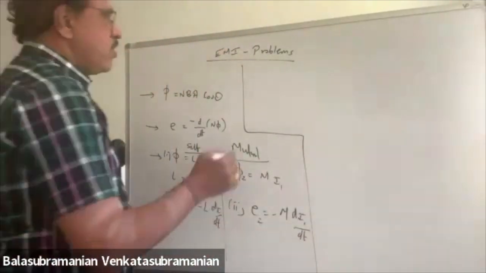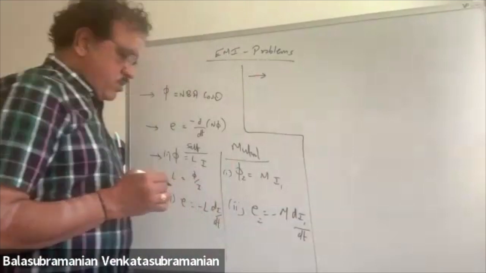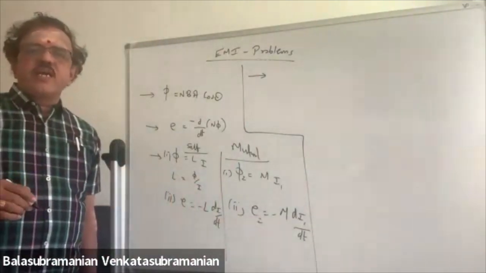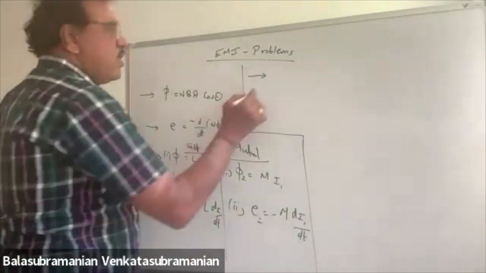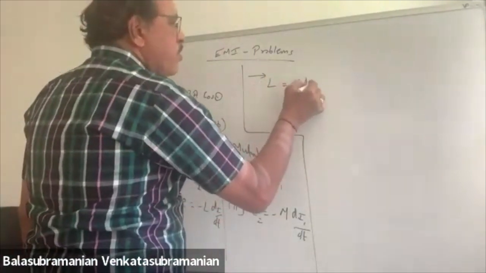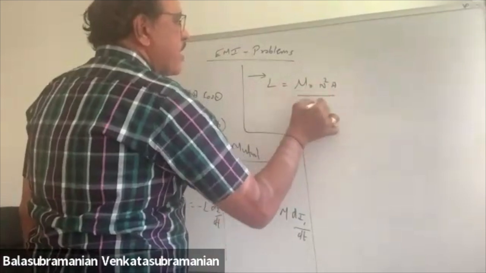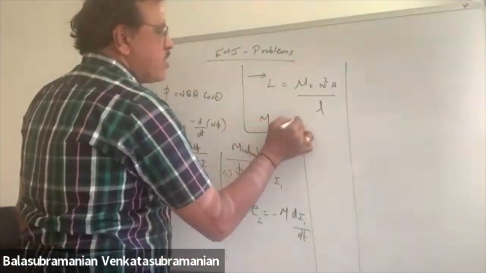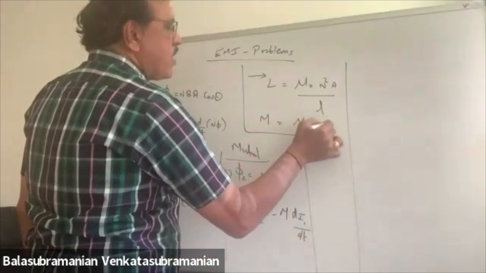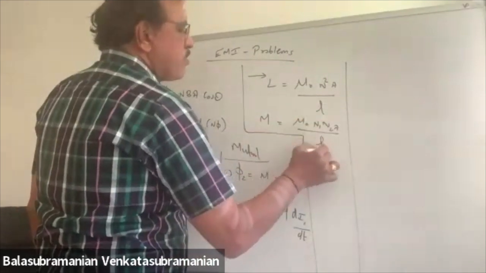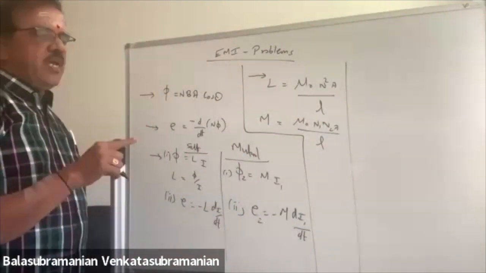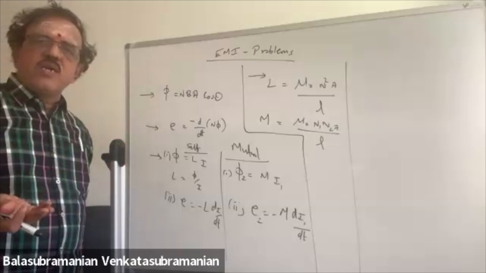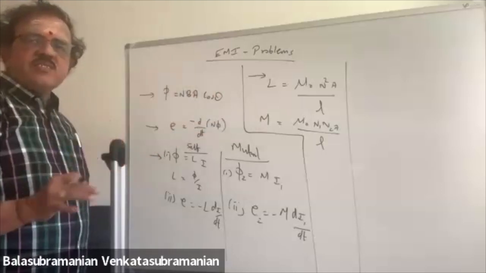Next, self-induction of a long solenoid carrying current: L is equal to mu naught N square A by L. For mutual induction, M is equal to mu naught N1 N2 A by L. N1 is the number of turns in primary, N2 the number of turns in secondary, and A the area enclosed by the coil, A1 or A2.